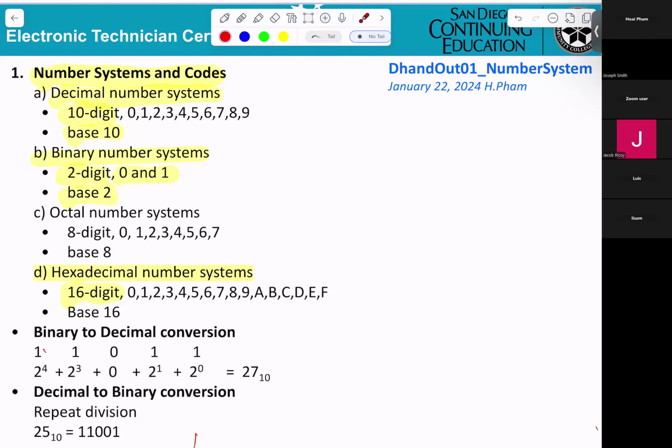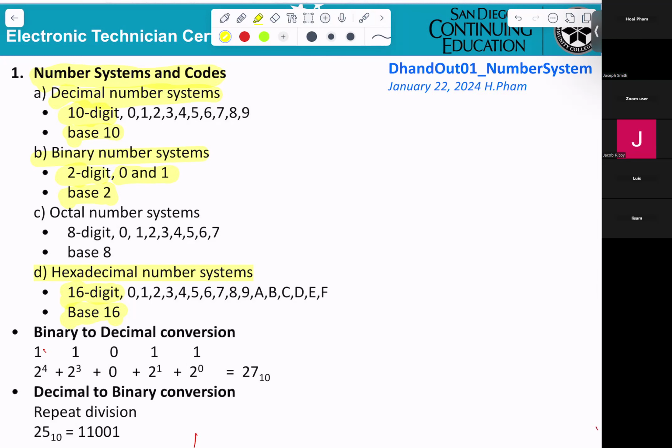And that's why we say base 16. Decimal, that's easy. Binary, only 2, either 0 or 1. That's why base 2. Hexadecimal, 16 digits, 0 up to F. That's why they call it base 16.